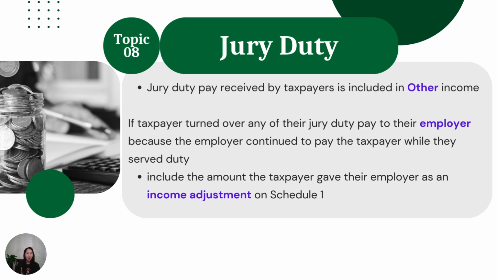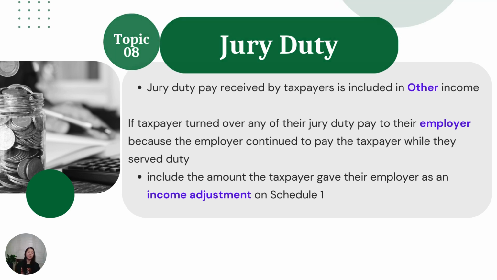If the employer did that, then you would include the amount that the taxpayer gave the employer, so their jury duty pay, as an income adjustment on Schedule 1. Because you wouldn't want to pay tax on that as income because it's just going to your employer. So you take it as a deduction.